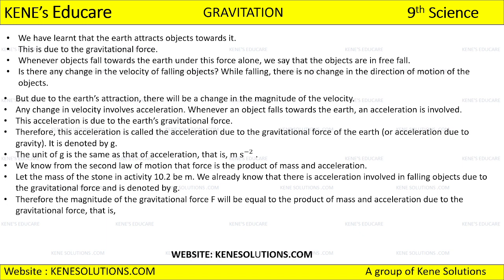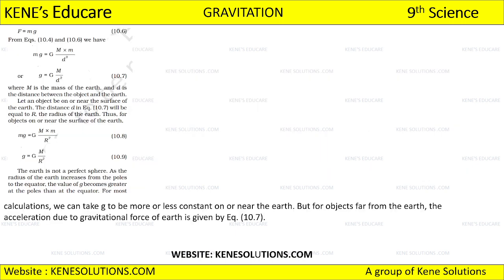Therefore the magnitude of the gravitational force F will be equal to the product of mass and acceleration due to gravity, that is F is equal to mg. When acceleration due to gravity is involved, the formula is F is equal to mg.